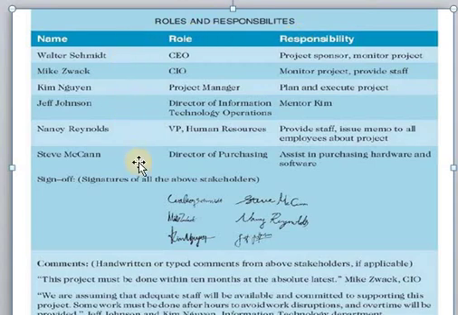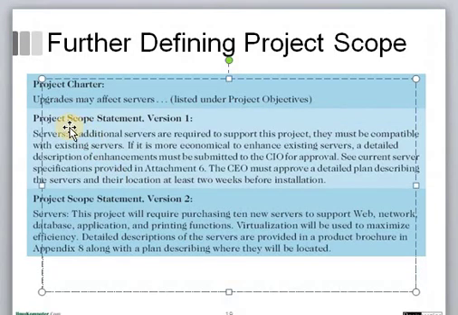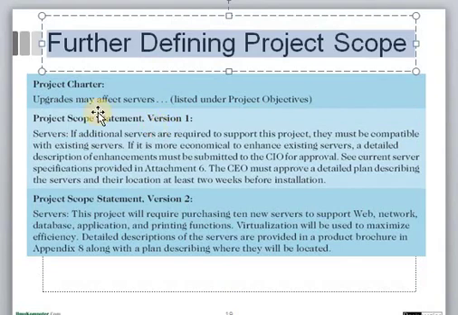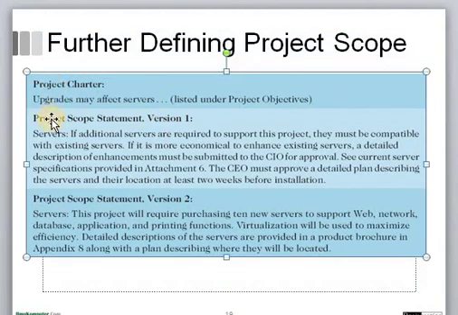The name of the team, persons with their appropriate roles and their responsibilities will be mentioned under this particular section, with their proper signatures of all the stakeholders. So we can further define the project scope by defining the project charter, and that charter will contain that the upgrades may affect the server listed under project objectives.